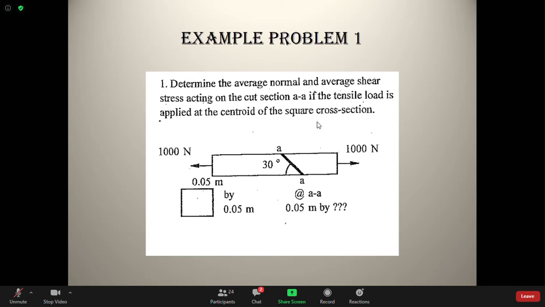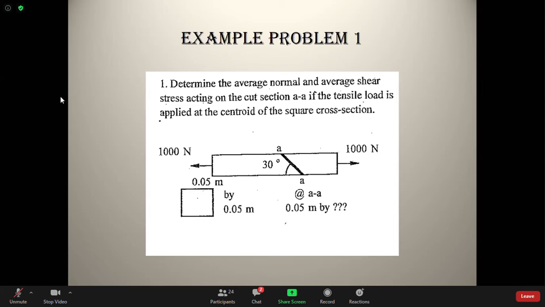So I'm trying to draw kind of a 3D view so that you can appreciate the difference between the two areas. You see what we have done? This is the cross section AA.